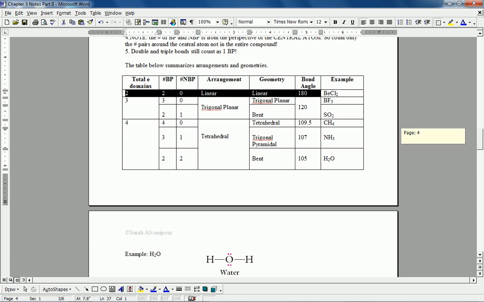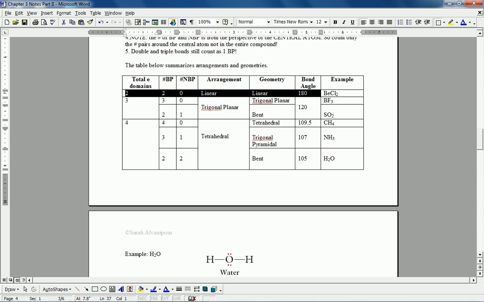Looking at something like H2O here, where you have the oxygen being the central atom, it has 1 bond to the left, 1 bond to the right, so that's 2 bonding domains. And right on the oxygen you can see that there are 2 lone pairs or non-bonding domains.